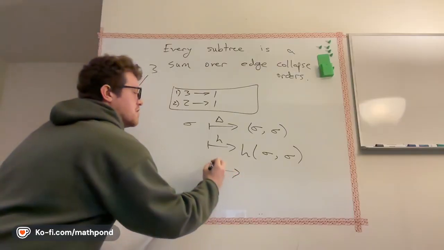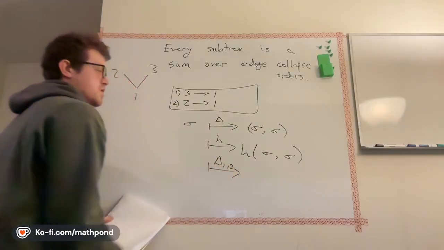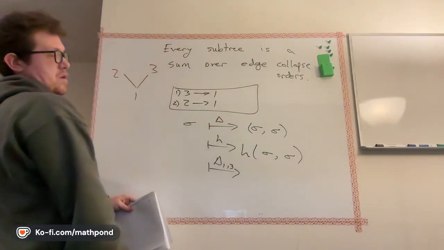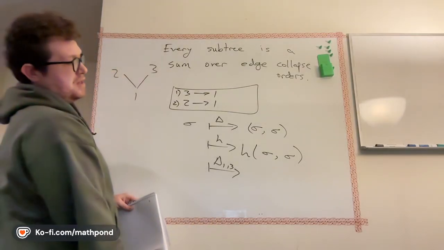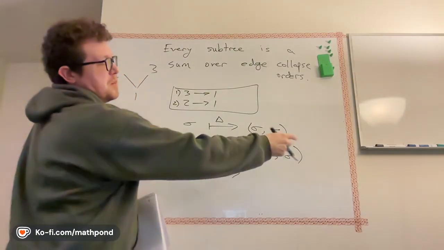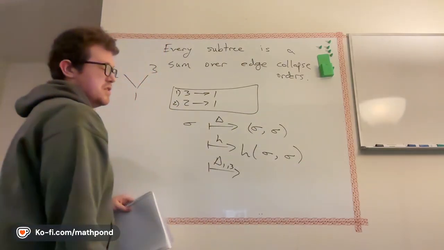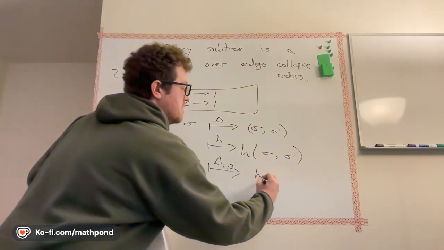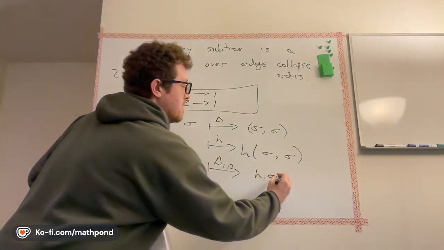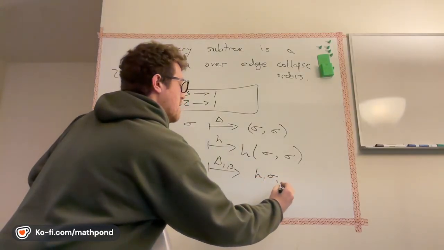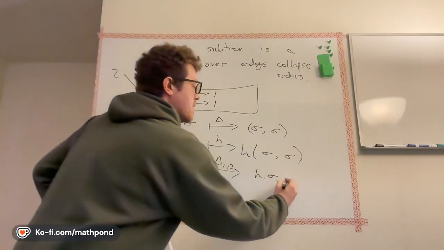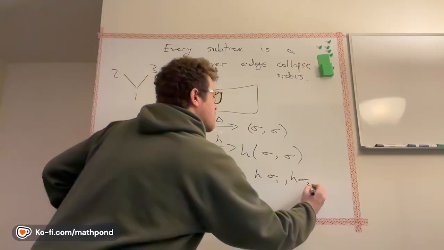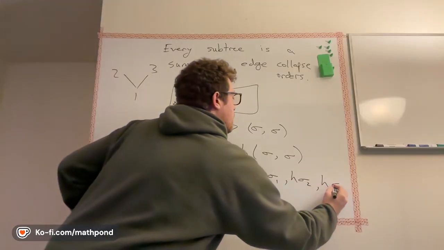Then we apply delta 1 2, or 1 3, I mean. So how do I want to write this in notation? This is going to give us a sum over something comma something else, right? I'll just write H sigma 1 here. This is probably not formally correct, but this is H sigma 1 comma H sigma 2 comma H sigma 1.